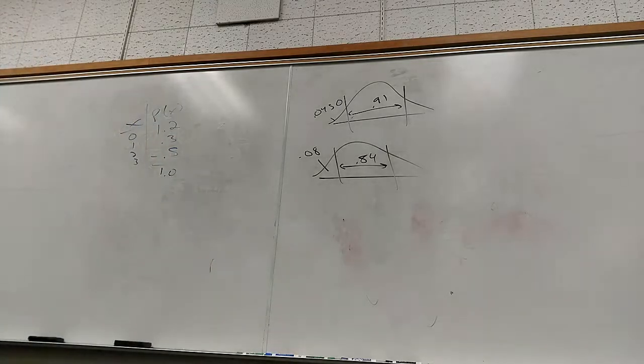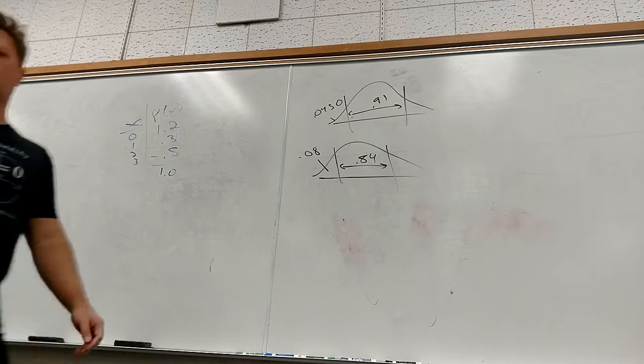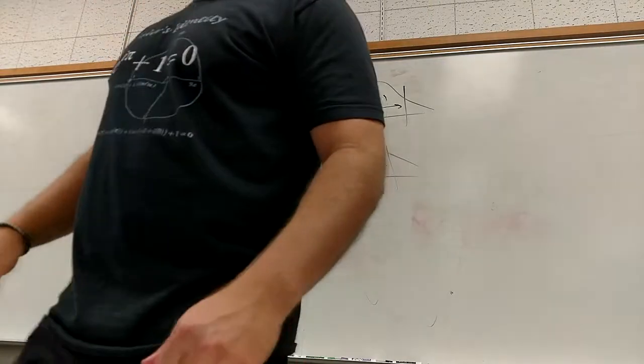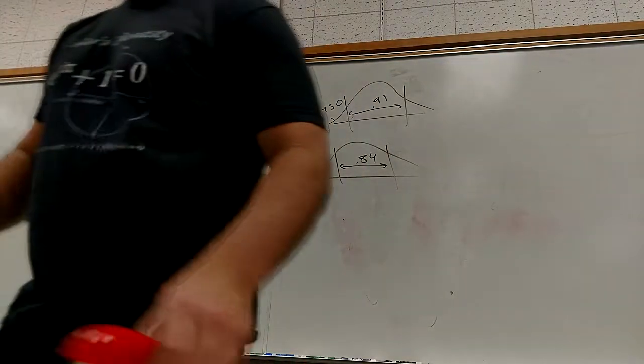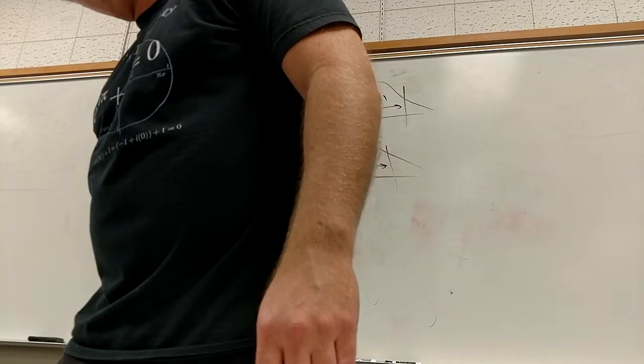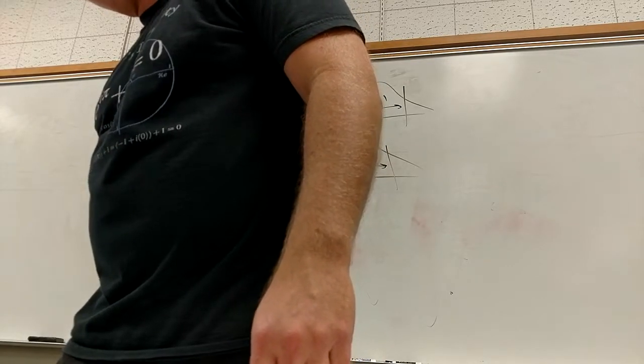Do you want us to put the work down? You don't have to, as long as you do it correctly. I kind of do, just to remind myself what I'm doing. I put it because it helps me, but if you can do it without it, it's fine. I just didn't count the data, you can count the number of tickets over 30.